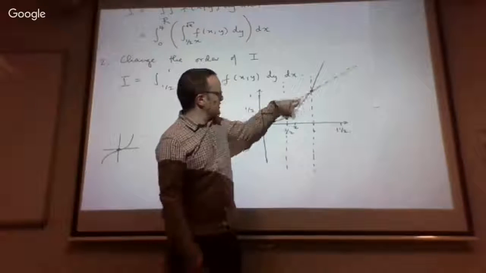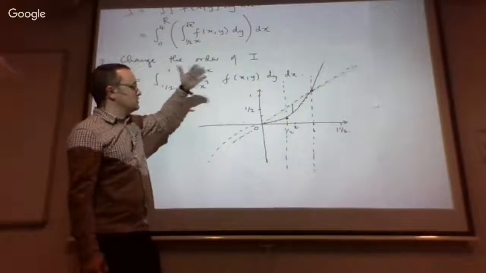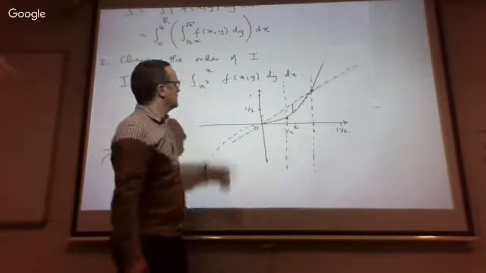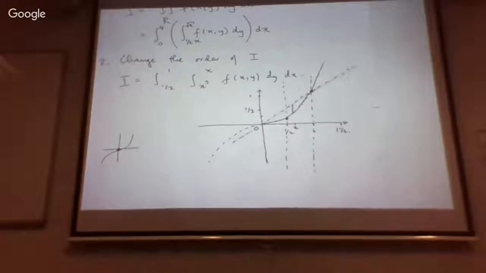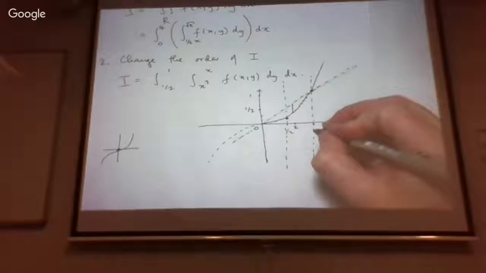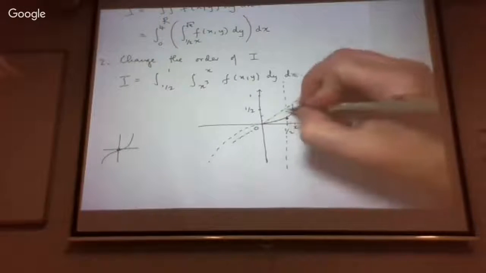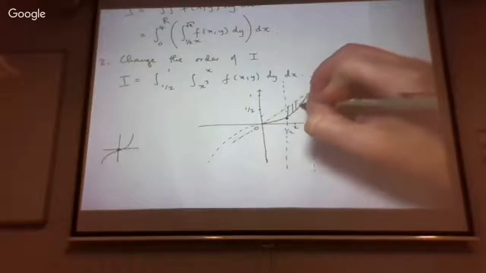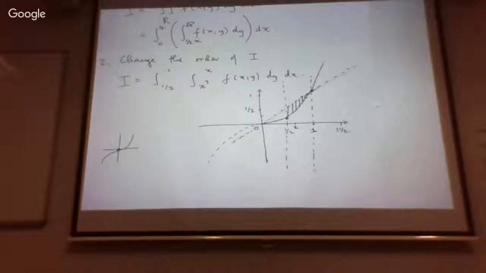I have drawn them correctly: the red curve is completely underneath the green line, because for any x value less than 1, x cubed will be smaller than x. When you cube something smaller than 1, it gets smaller still. So that's great. The region of integration is this region here, the region bounded by those two curves between x equals a half and 1.